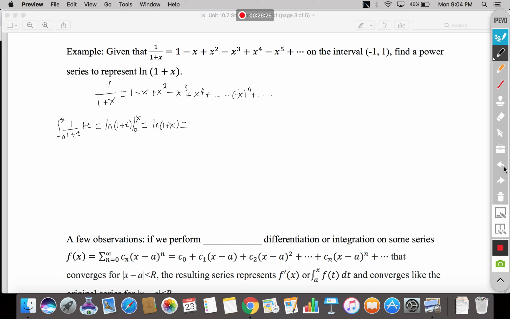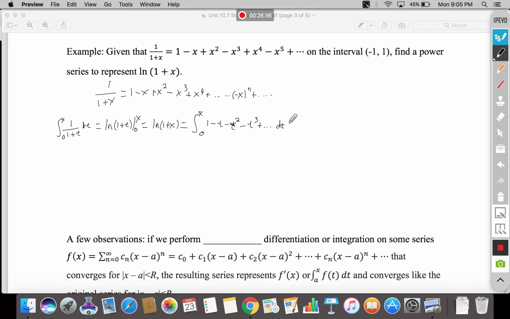So I'm going to back up and actually rewrite this as the integral from 0 to x of this whole thing up here. Sorry, gosh darn, I keep writing the wrong thing. Sorry, y'all. 0 to x of 1 minus t plus t squared minus t cubed and so on dt, right?